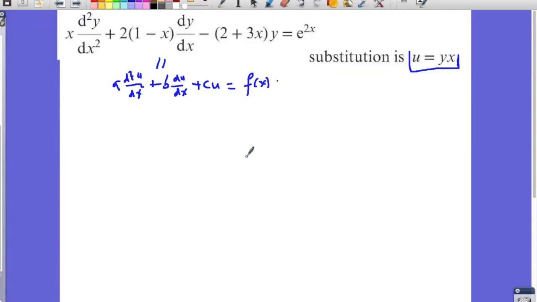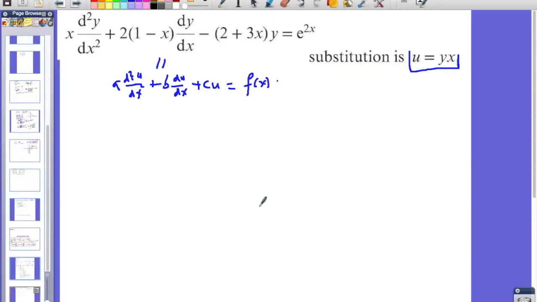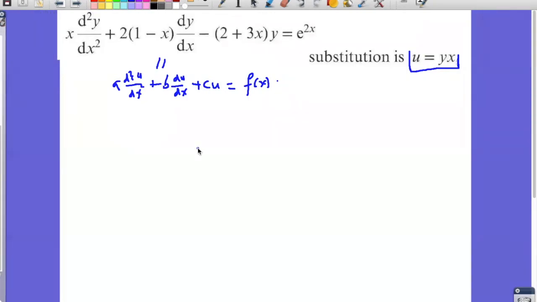We are going to use this substitution to change that to that form. So we know our u is yx. So we have to find dy dx, and we also have to find d squared y dx squared.